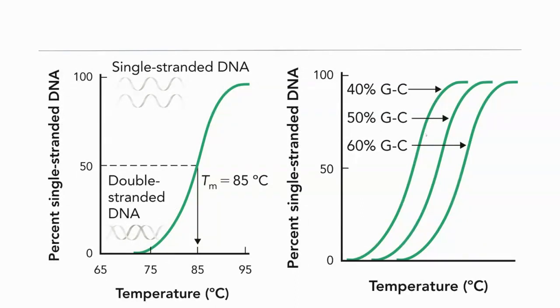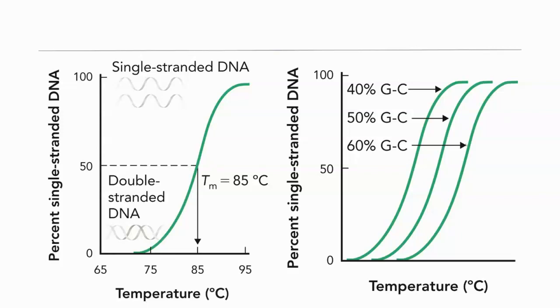And also it depends on the GC percentage in the sequence. So if you increase the GC content in the DNA molecule, then the melting temperature will increase, because with more GC you have more stacking interaction to stabilize the double-stranded DNA, okay?